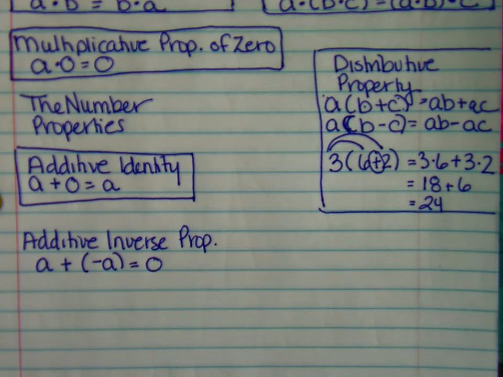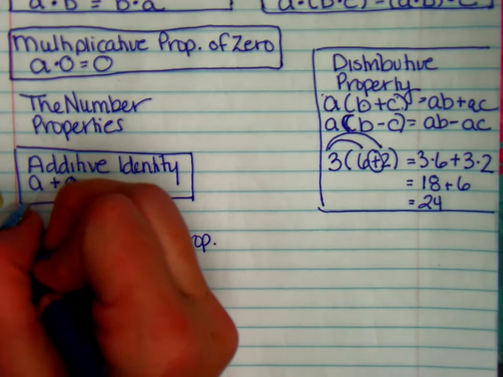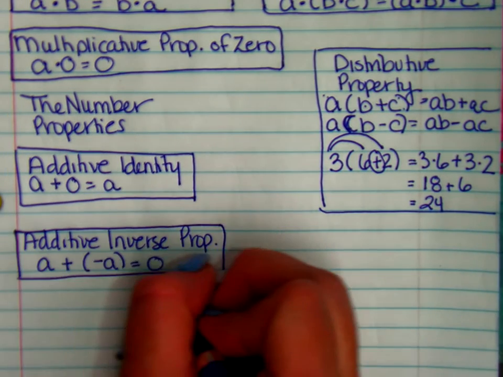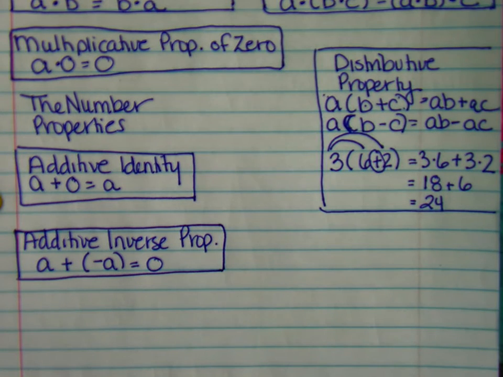And this one makes sense if you think of a number line. If I were to go positive 5 on a number line, and then I were to go back negative 5 spots on that number line, I'm going to be at 0. Basically, I'm just going to take away whatever progress I've made. But that's the additive inverse. And remember, inverse in math means opposite.